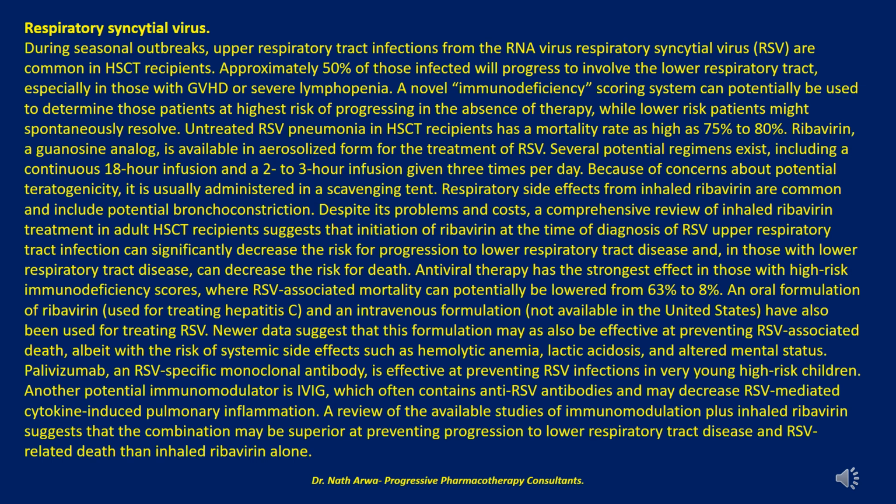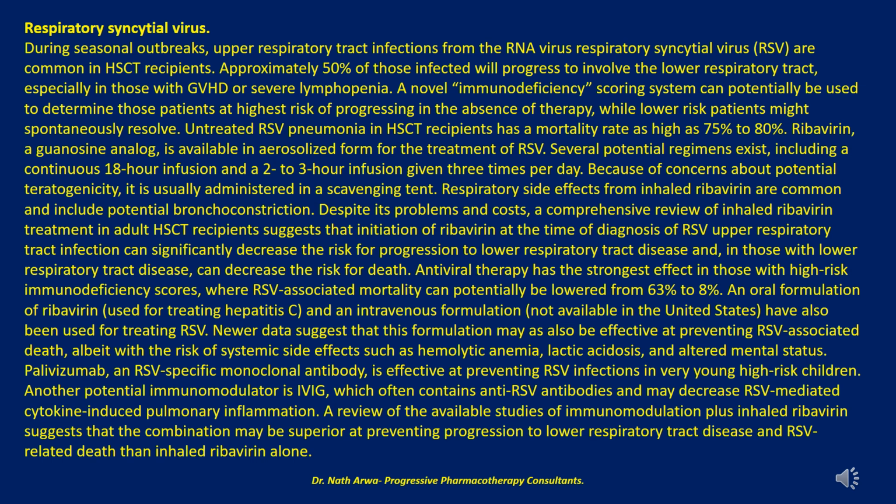Untreated RSV pneumonia in hematopoietic stem cell transplantation recipients has a mortality rate as high as 75% to 80%. Ribavirin, a guanosine analog, is available in aerosolized form for the treatment of RSV.